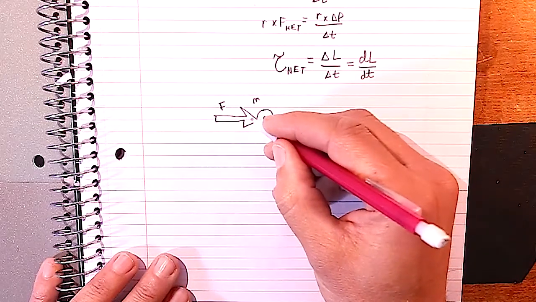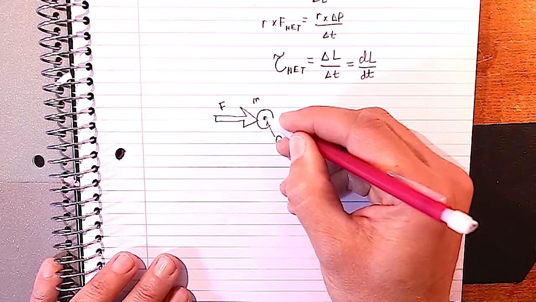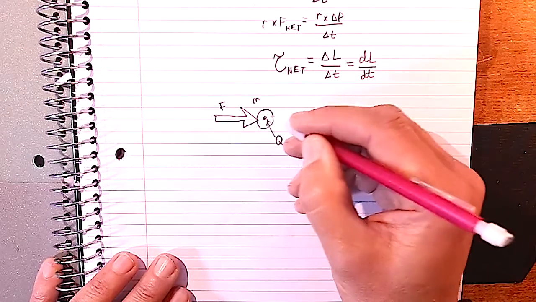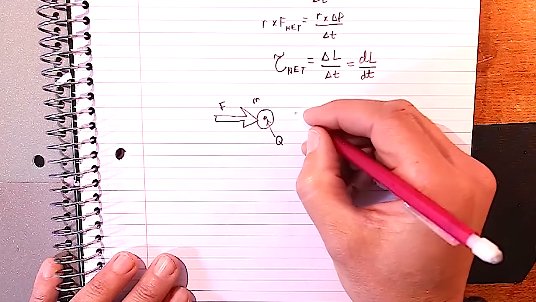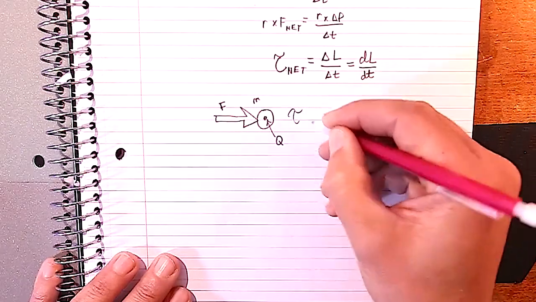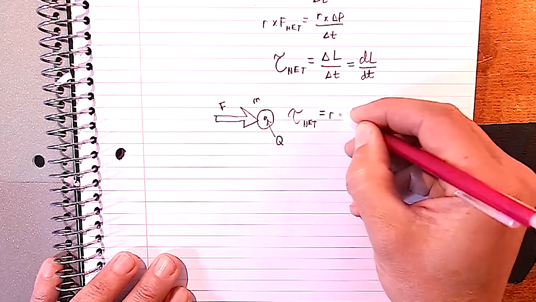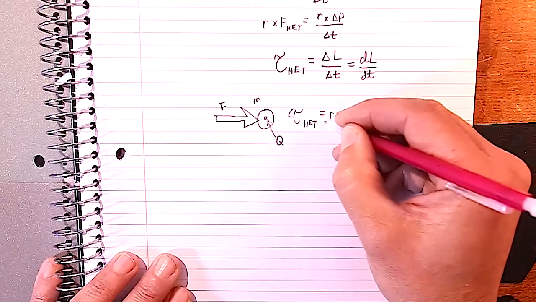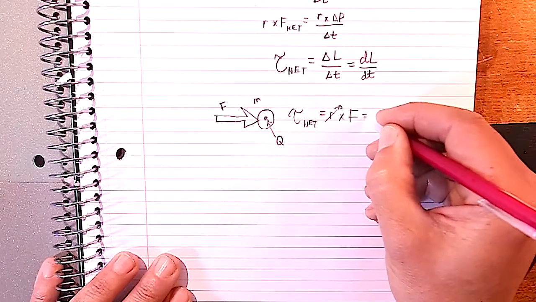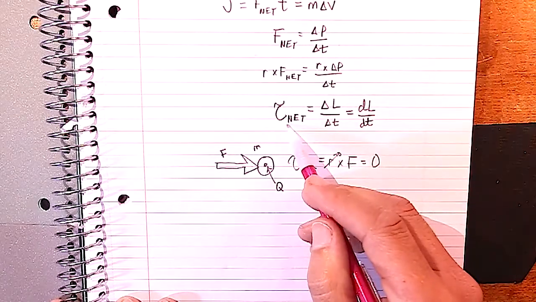Well, this force is applied here, but there's no radius between here and here. So therefore, there's nothing perpendicular to it. So if we write net torque, and we said R cross F, well, R is 0, so the net torque is 0.